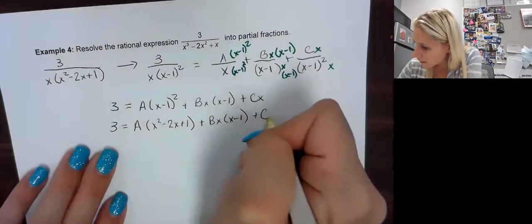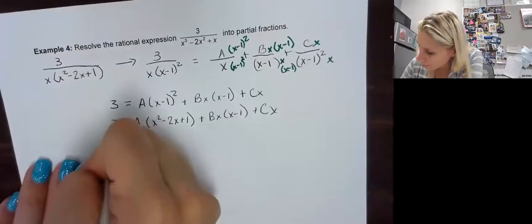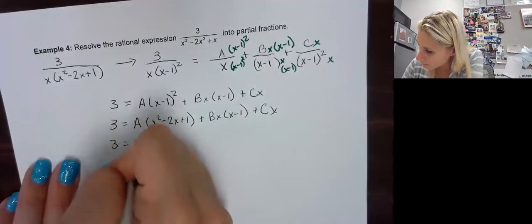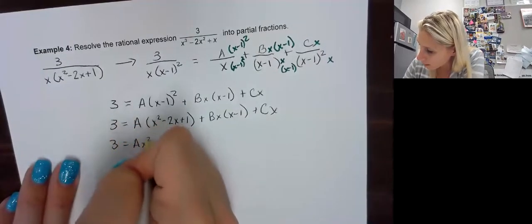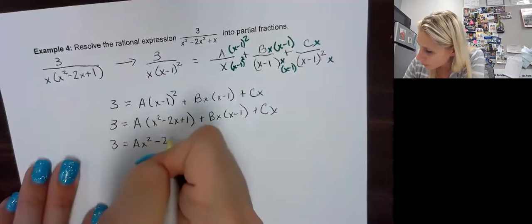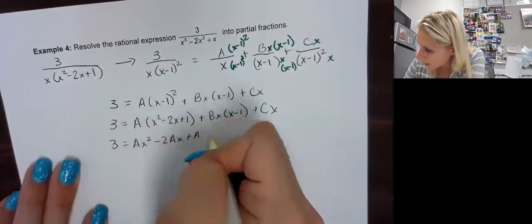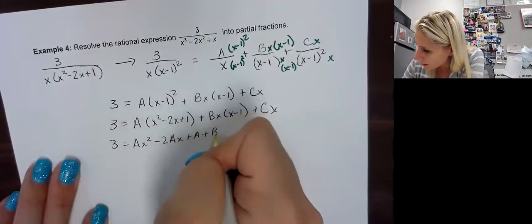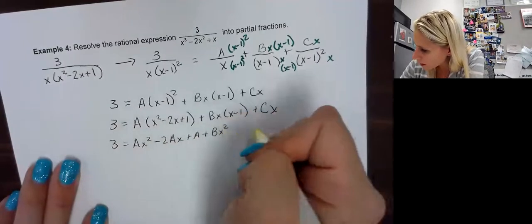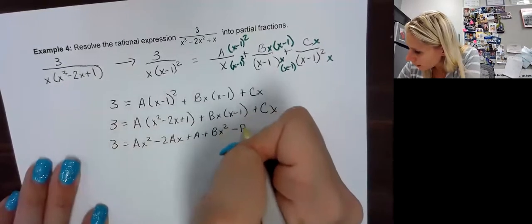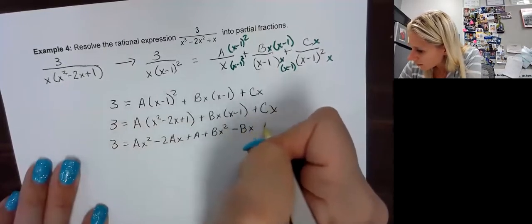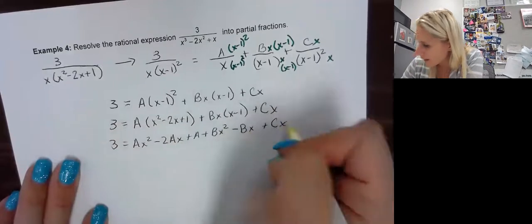Let's see. Now I'm going to distribute everything out. So 3 equals ax squared minus 2ax plus a plus bx squared minus bx plus cx.